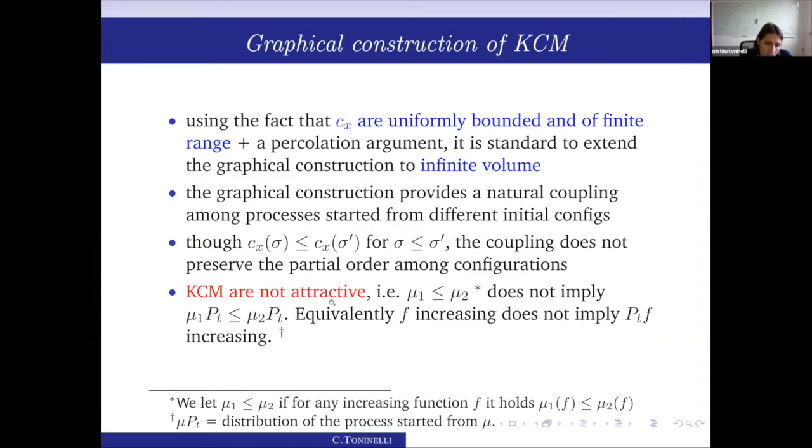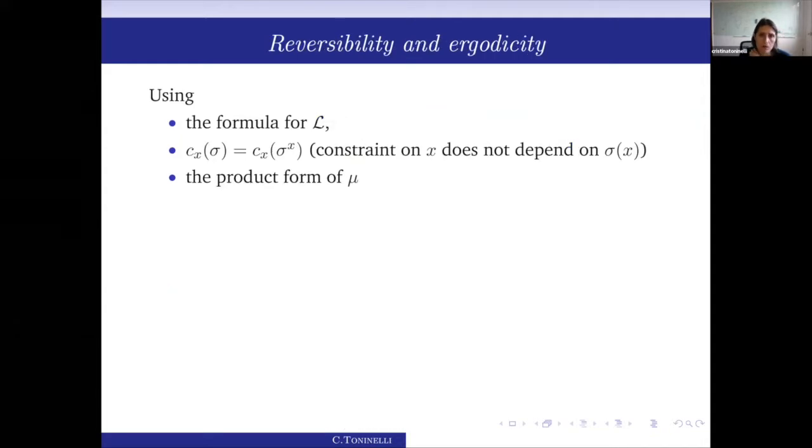And this corresponds to the fact that if I have two initial distributions from which I start two processes, and these initial distributions are partially ordered, this partial order is not preserved later on by the dynamics. Okay. So, super slowly.